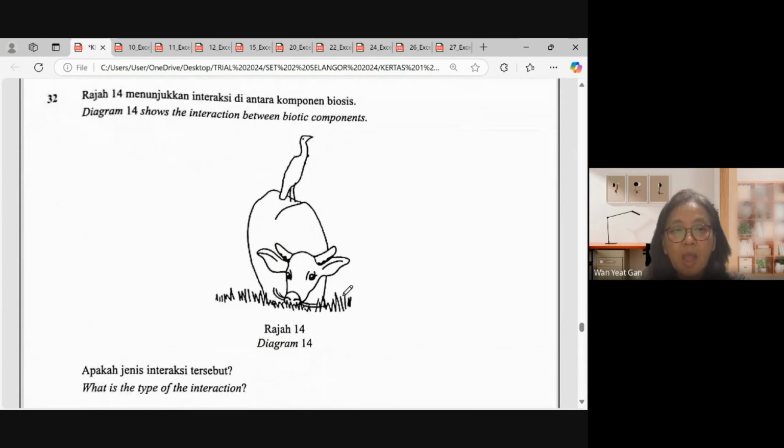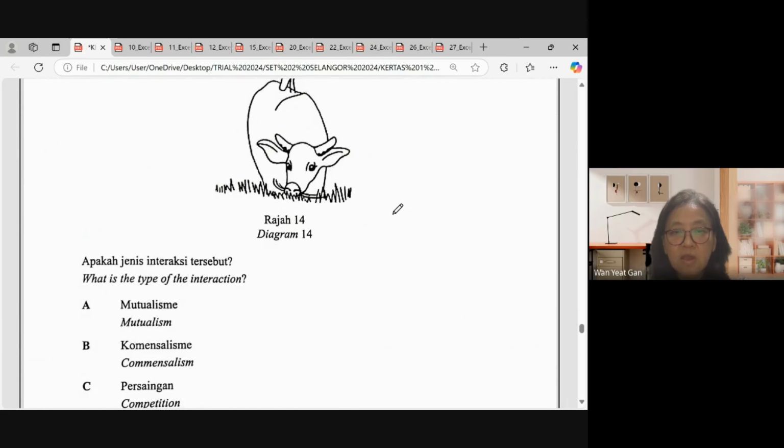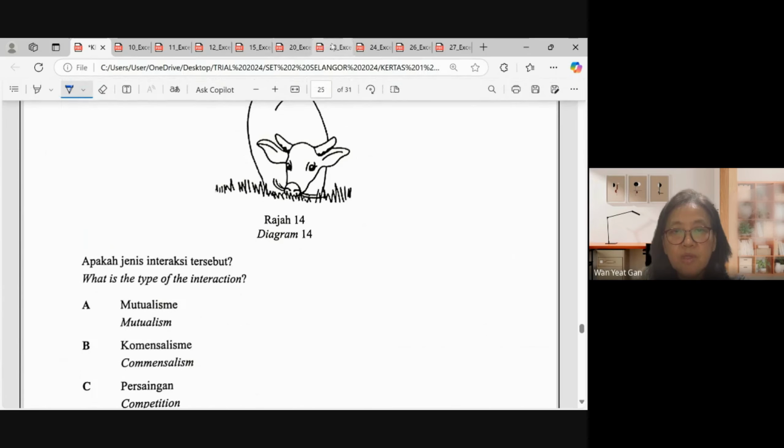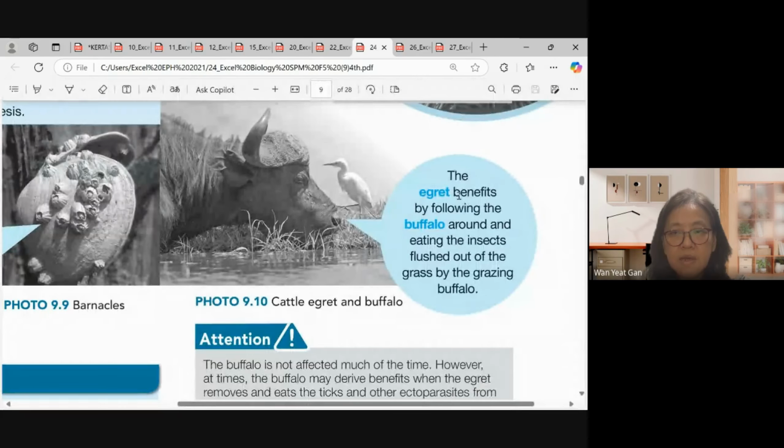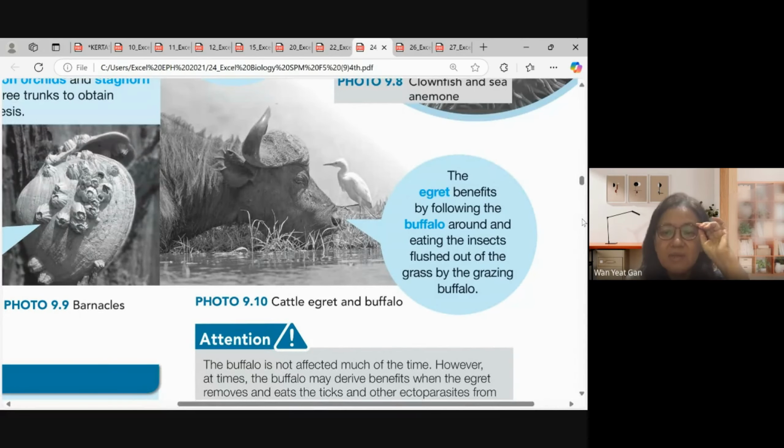32. Diagram 14 shows the interaction between biotic components. What is the type of this interaction? So we see the egret, the bird, benefits by following the buffalo around and eating the insects that are flushed out of the grass by the grazing buffalo.